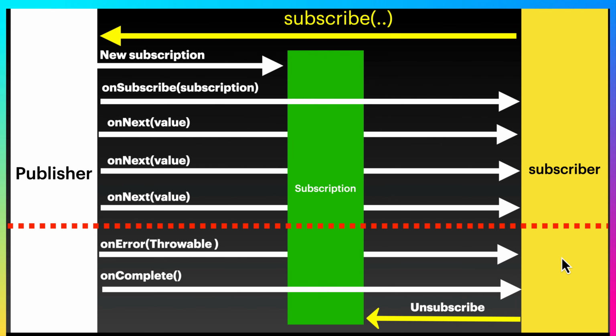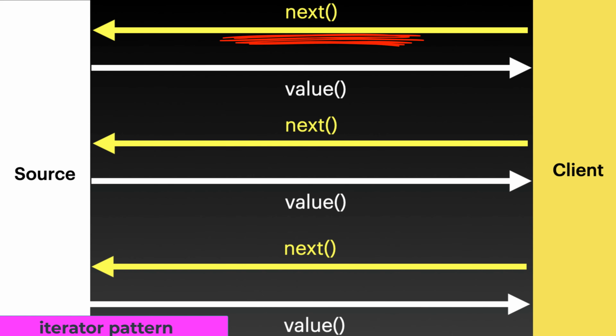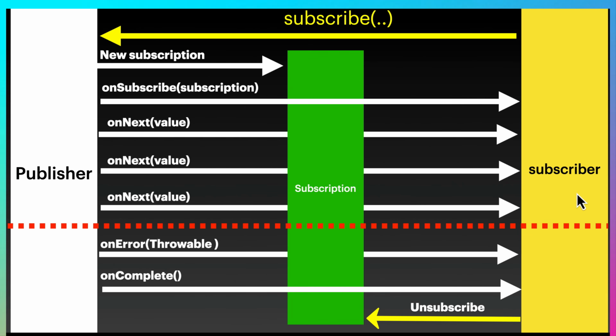If you only talk about the iterator pattern, do you remember how it works? In the iterator pattern, you keep asking for the data, and even if the publisher has run out of data, the subscriber can still ask, because in the iterator pattern the subscriber doesn't know if the publisher has any more data.